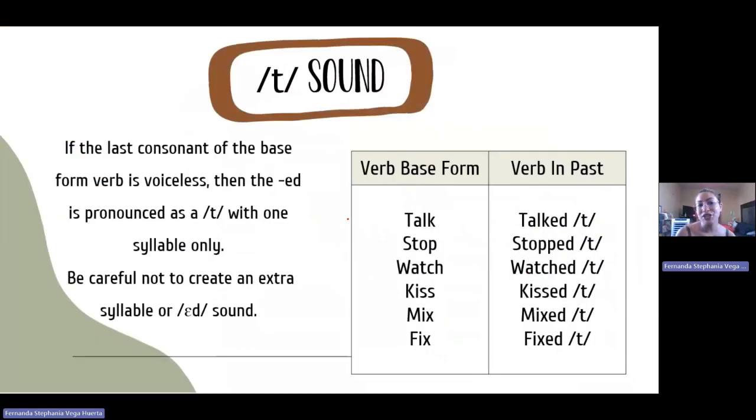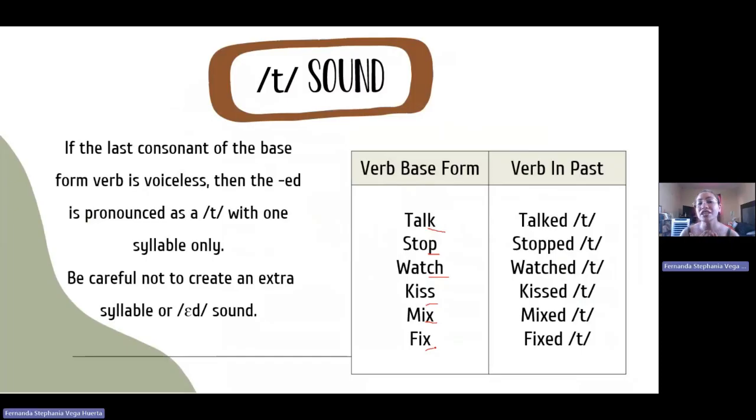And for the voiceless ones, the last sound is going to be t, right? For this one, the last letter of the base form is going to be a voiceless sound, such as k, p, ch.